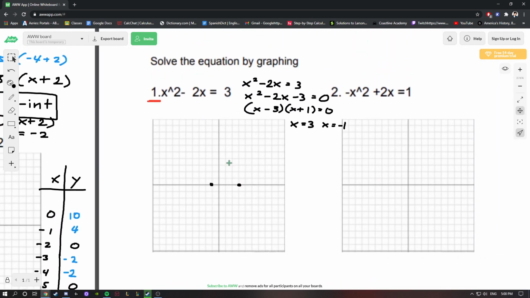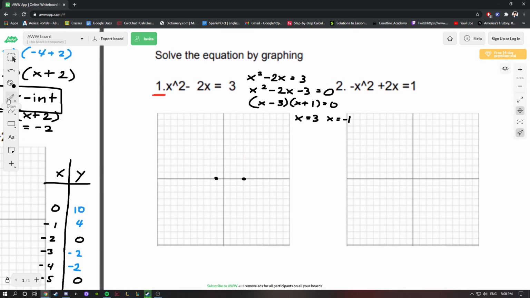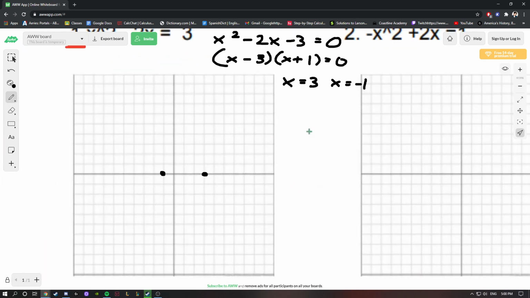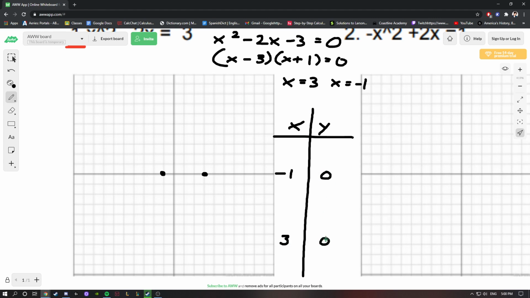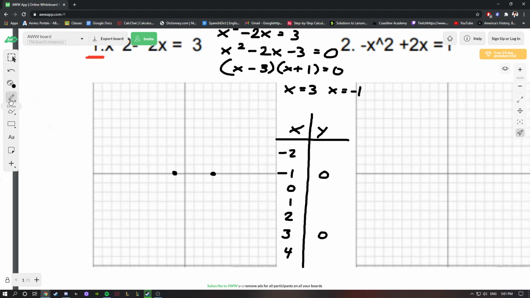And then we want to do our XY chart again. We have negative 1 here and 3 here, so these are both 0. You don't have to plug in all these values, but doing as many as you can to make sure you're correct is always pretty helpful.